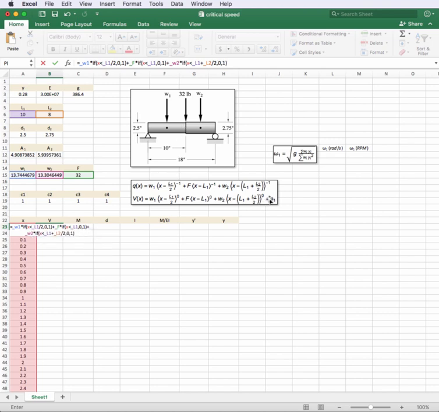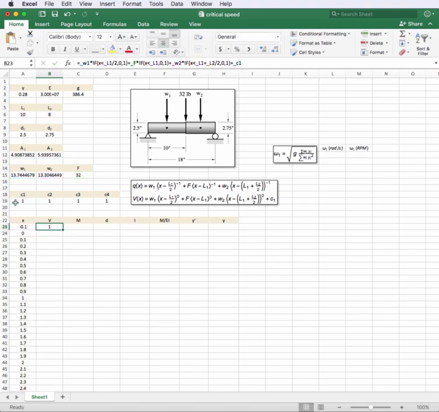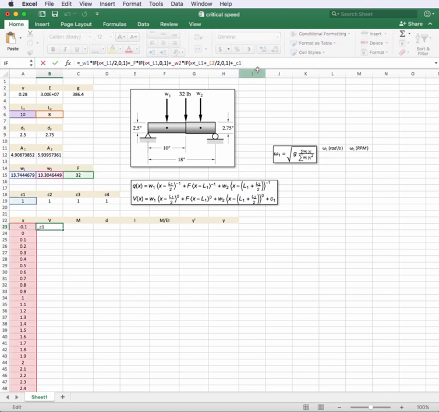And then I have to say plus C1, which is right here. So there is this formula translated into Excel right there.